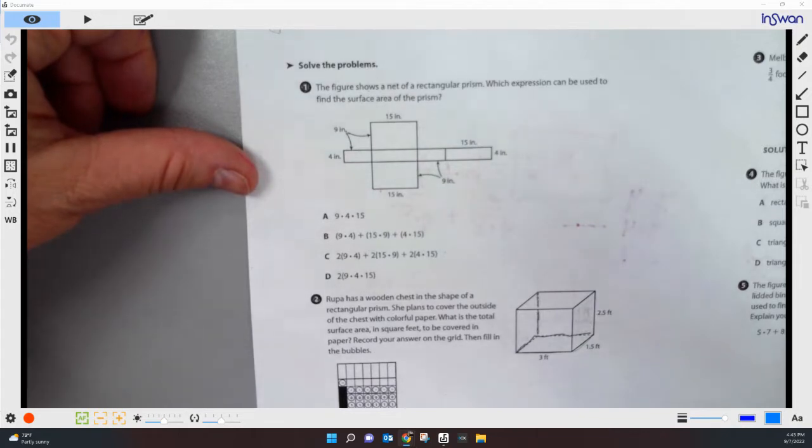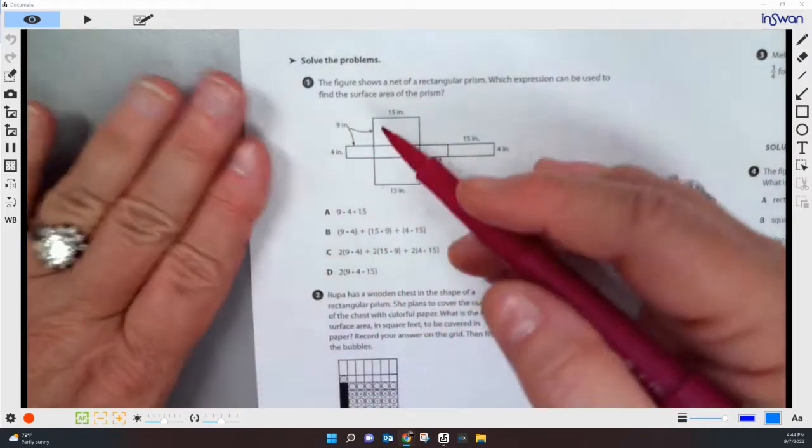That's finding the average of the top and the bottom, and then multiplying that times the height. So we're identifying the shapes, how many of each figure, what are the dimensions, label the dimensions, and plug into the formulas, and then add up all the areas to get the combined surface area.